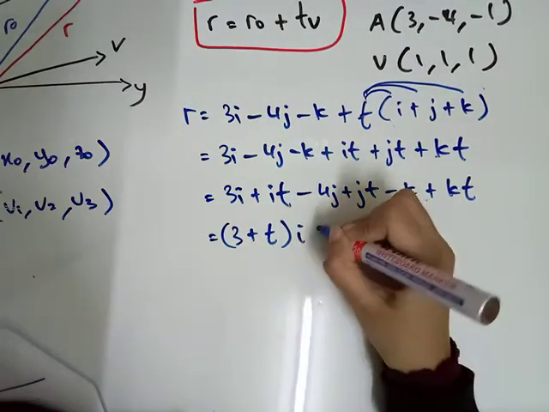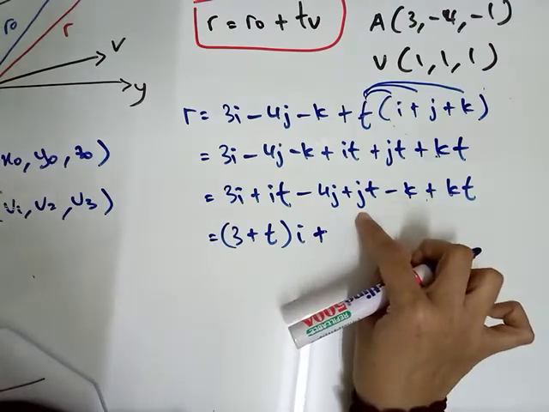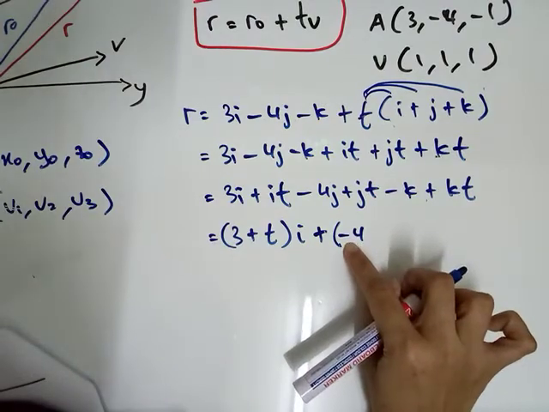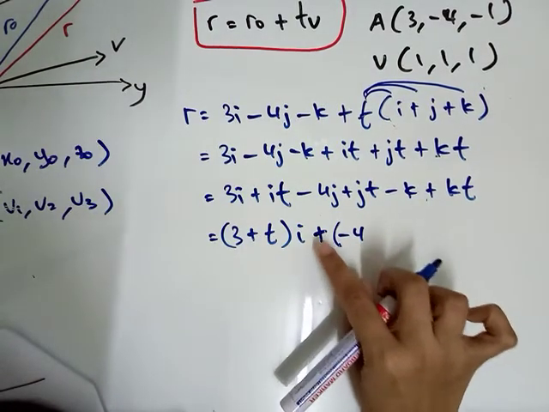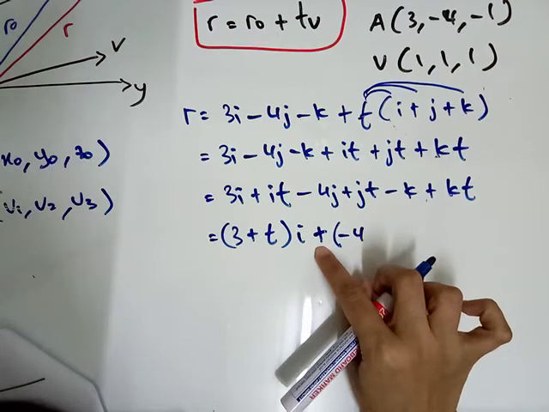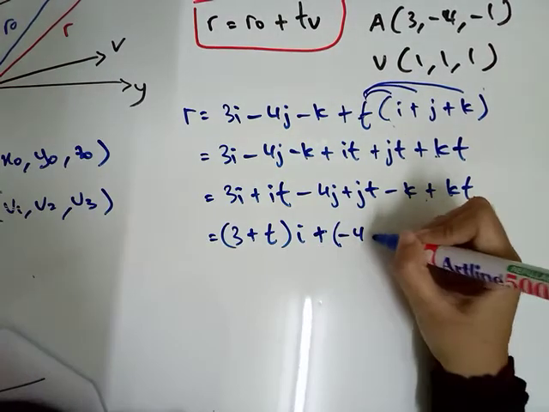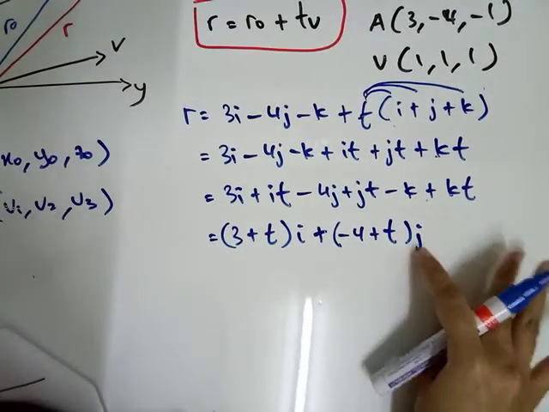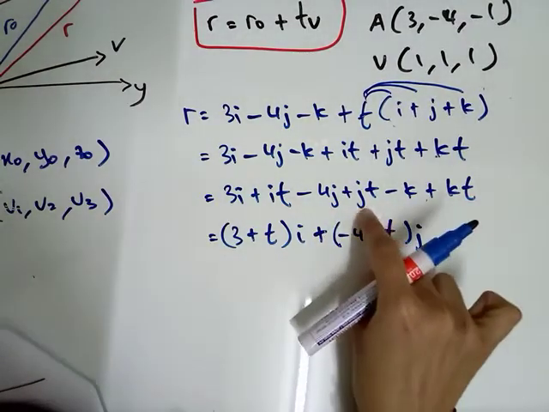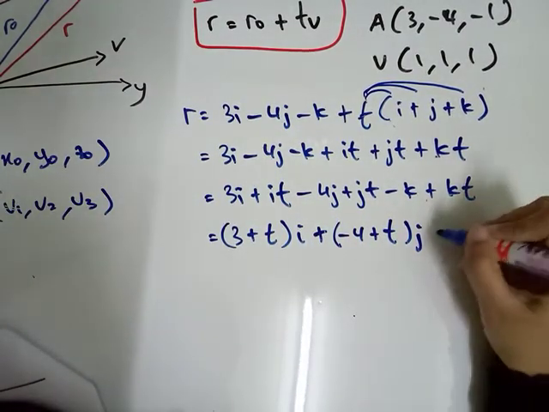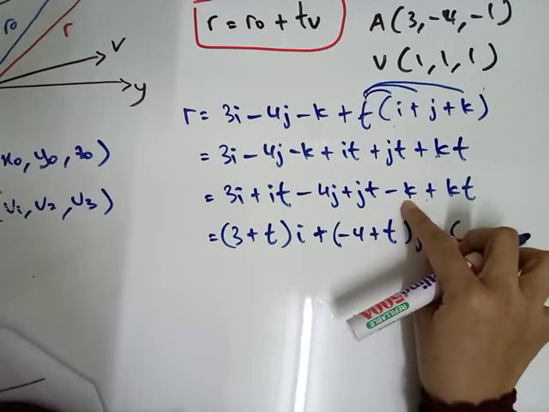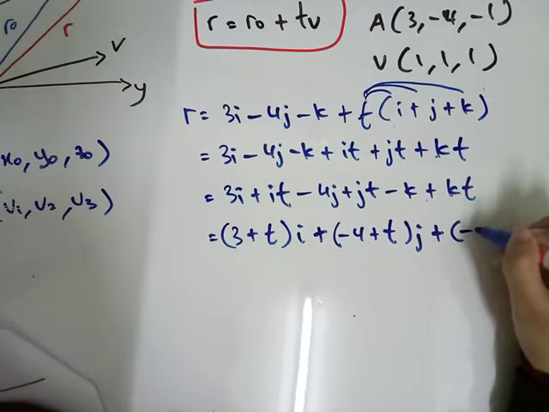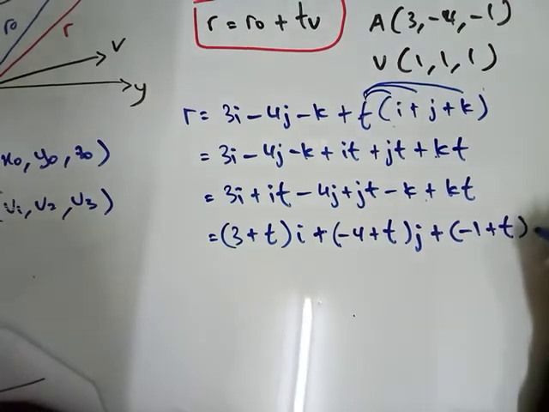Plus, factorize J: inside the brackets negative 4, the negative sits inside the brackets, not outside, because outside is a plus. So negative 4 plus T, with J outside. J times negative 4, negative 4J. J times T, JT. And then plus negative K, that means negative 1. So negative 1 plus T, K.